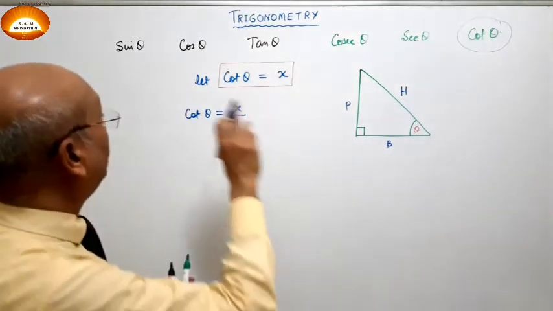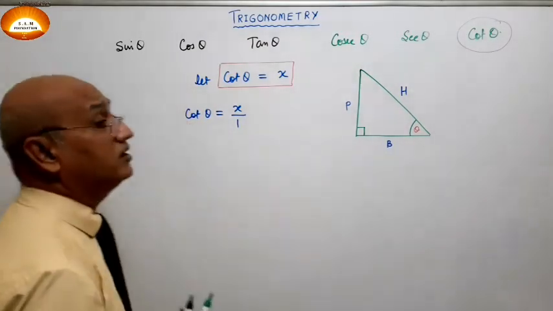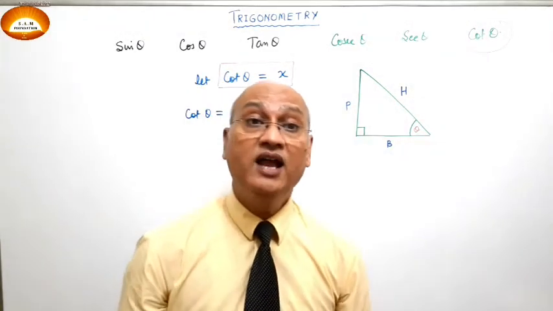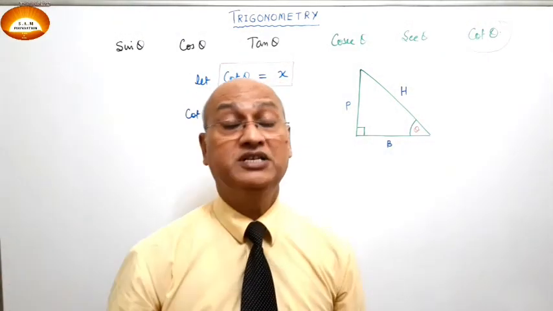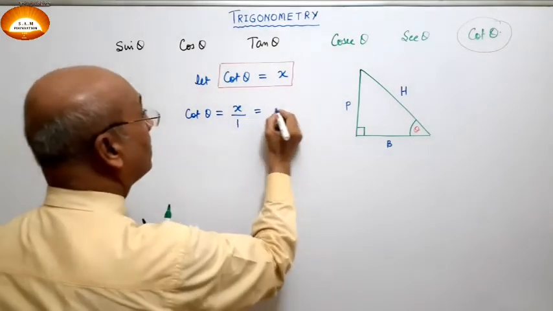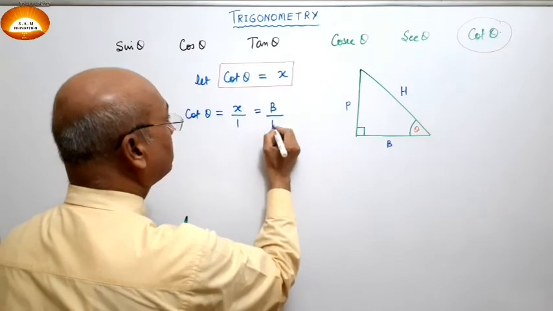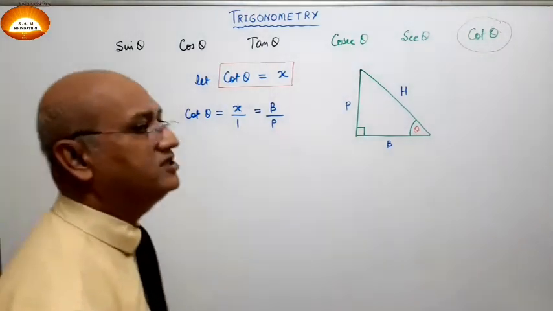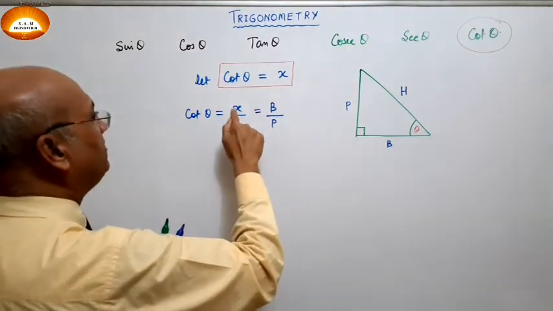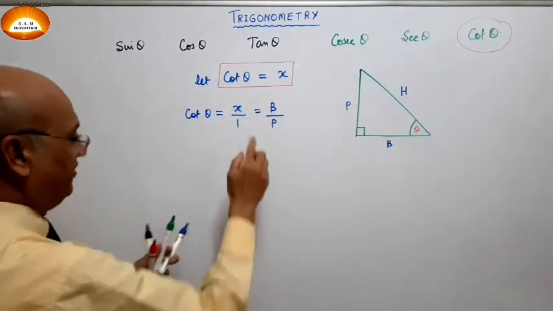Now see, what is the cot ratio? Cot is the reverse of the tan ratio, and tan ratio is what? Perpendicular upon base. So cot will be base upon perpendicular. This will be the cot ratio. Now compare it with this. Base will be x and perpendicular will be 1.